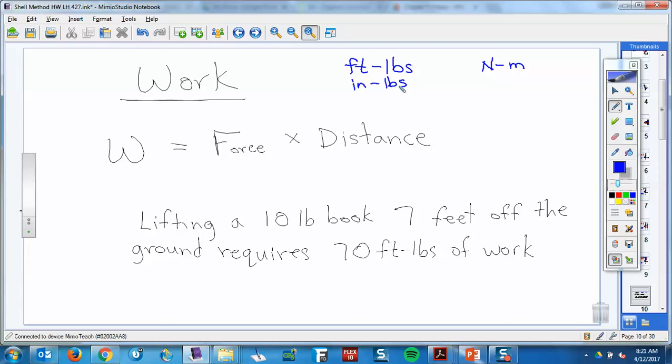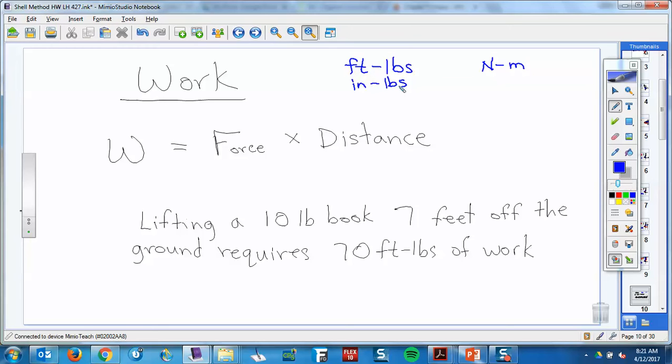Now, why do you need the integral? It seems pretty simple. You just take how far you do it either way. Well, technically, and this is the difference between a high school physics course and a calculus-based physics course, if you lift a 10-pound book from the floor up to 7 feet, technically, the book does not weigh as much in one of those two spots.